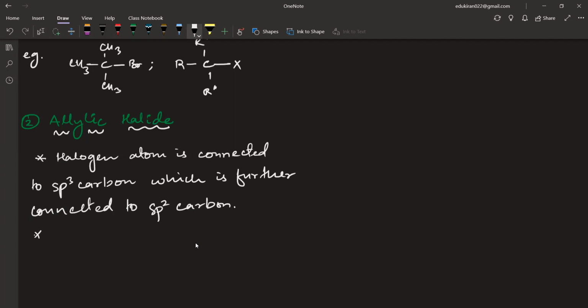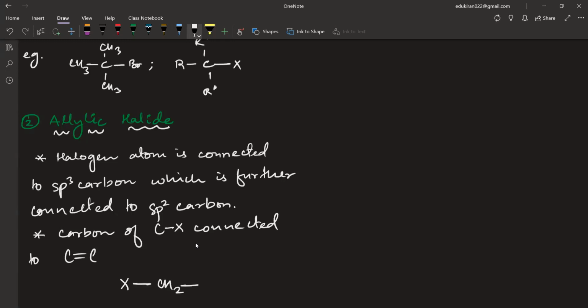Or you can also say the carbon of CX is connected to a carbon double bond carbon. So, halogen atom X is connected to sp3 carbon CH2, further connected to sp2 carbon, that means C double bond C, that means CH double bond CH2. This will be an example of allylic halide. Is this clear? Yes or no? Please tell me. Yes, sir.